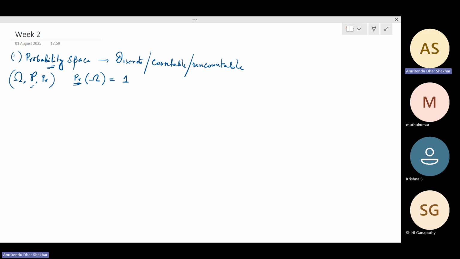Now, a couple of things that we saw last time. One of them was as follows.